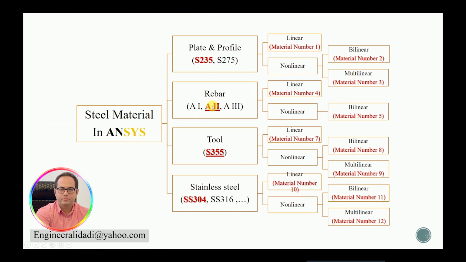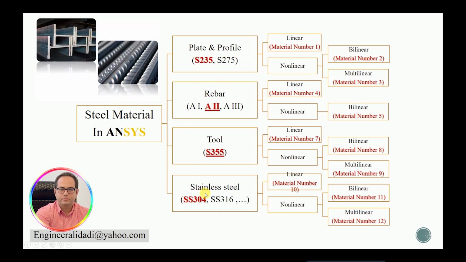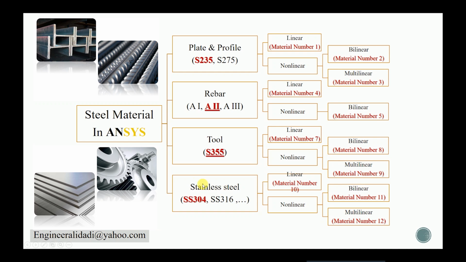As I said, steel material is used in civil engineering in various forms, such as plate or profile, rebar, tools, and stainless steel material. In this educational video, for each application of steel material, we will define an example with material ID number 1 to material ID number 12, in linear and the two methods of nonlinear material modeling according to this diagram in Ansys software.